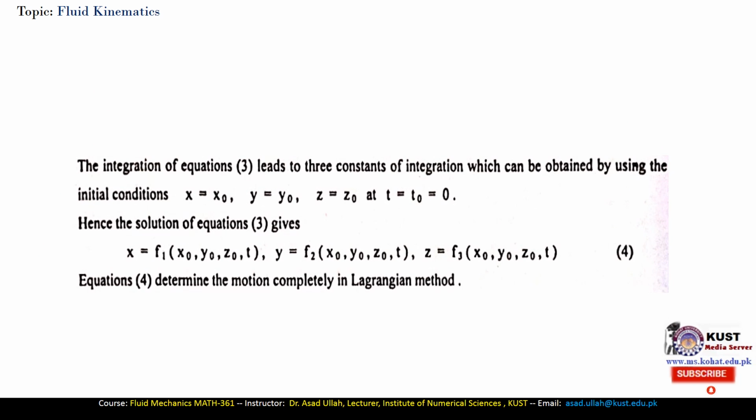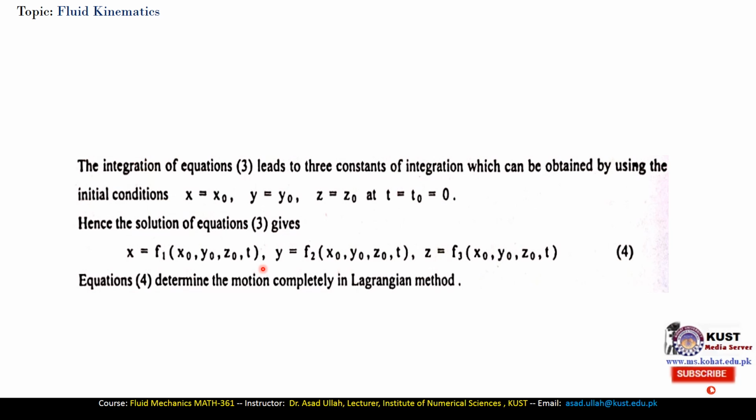Integrating equation number 3 leads to three constants of integration, which can be obtained by using the initial conditions x is equal to x naught, y is equal to y naught, z is equal to z naught at the initial time t naught is equal to 0. Hence, the solution of equation 3 can be written in the form of equation 4. In equation number 4, f1, f2 and f3 are general functions where x naught, y naught and z naught is the position vector r naught.